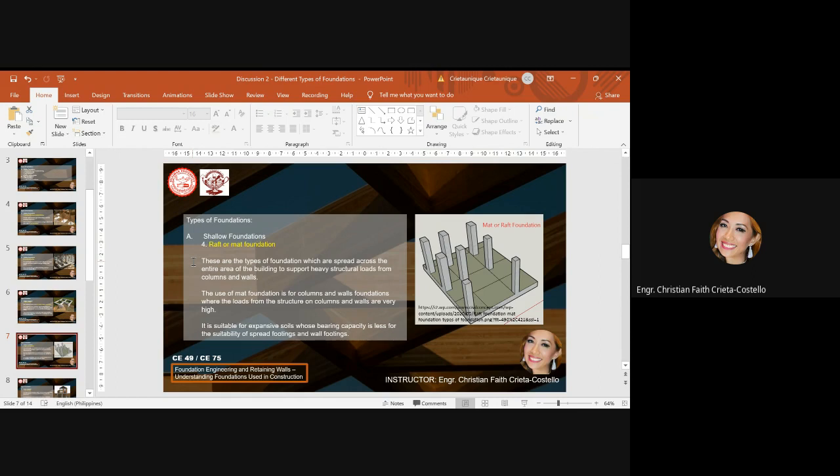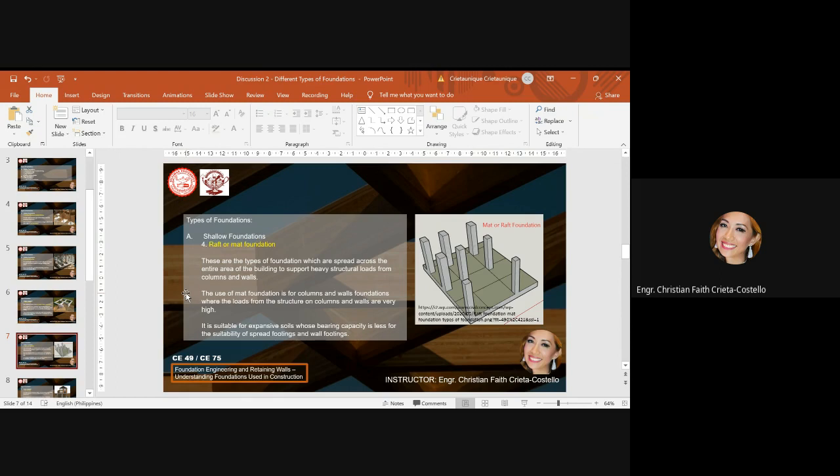That is why most structures like malls are using mat or raft foundation, because the structural load of this kind of structure needs to be supported by columns spread across the entire floor area. The use of mat foundation is for columns and wall foundations where the loads from the structure on columns and walls are very high.